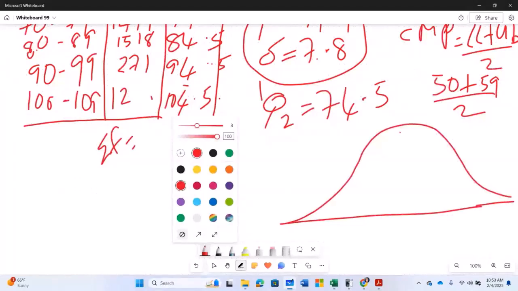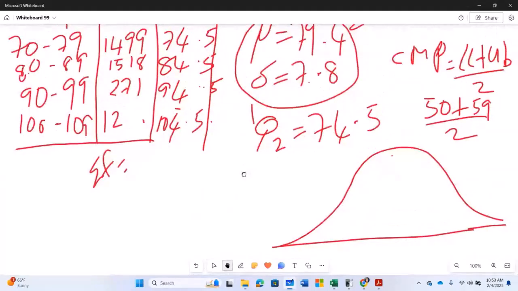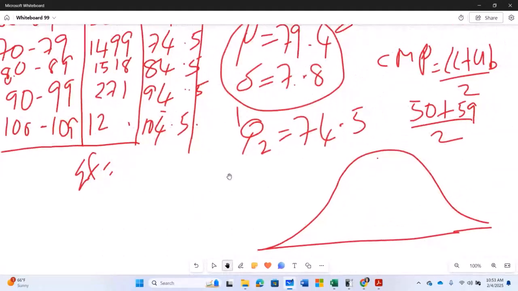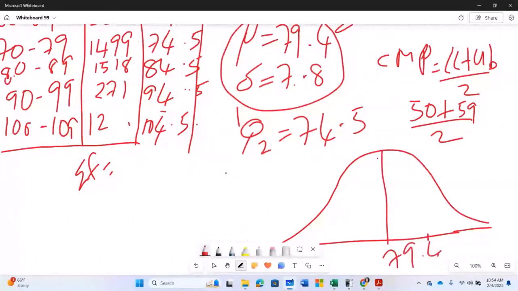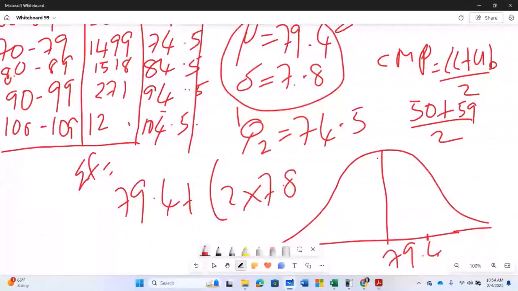And that mean is 79.4, approximately right here. Somewhere here is 2 standard deviations above the mean. In other words, 79.4 plus 2 times 7.8 is the number that should be at the right.